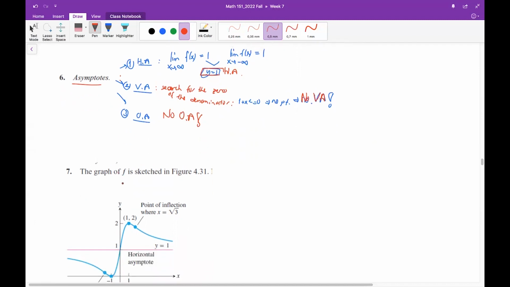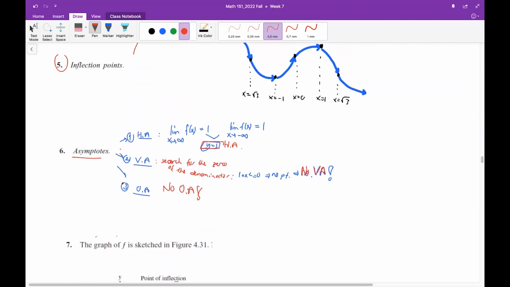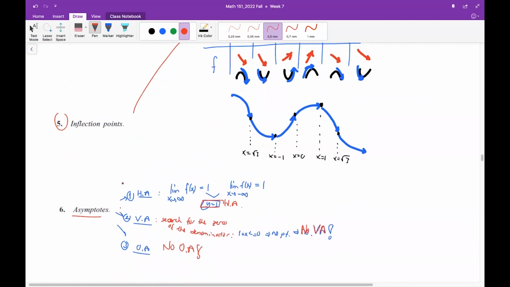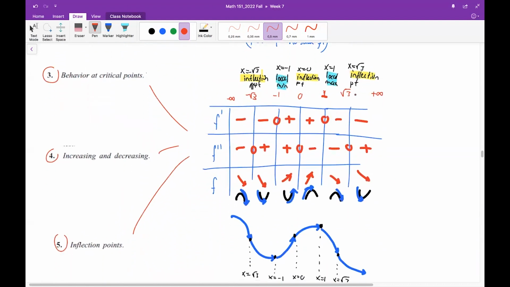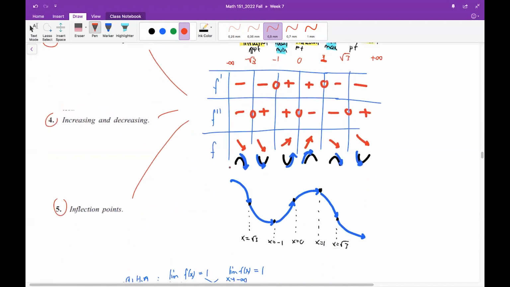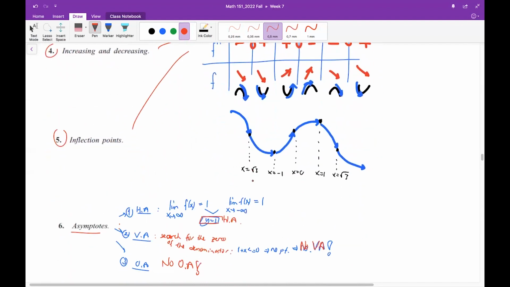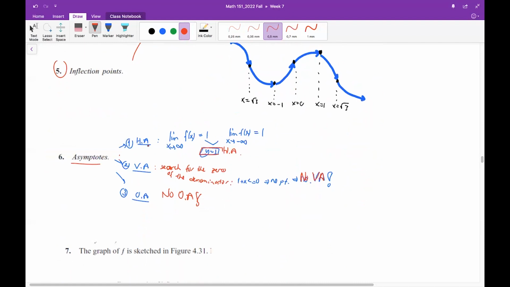Next, last step is the drawing the graph step. Okay, to draw the graph, you will use all the information that we created here, okay? The general shape will look like this, but also you will be careful about the asymptotes.